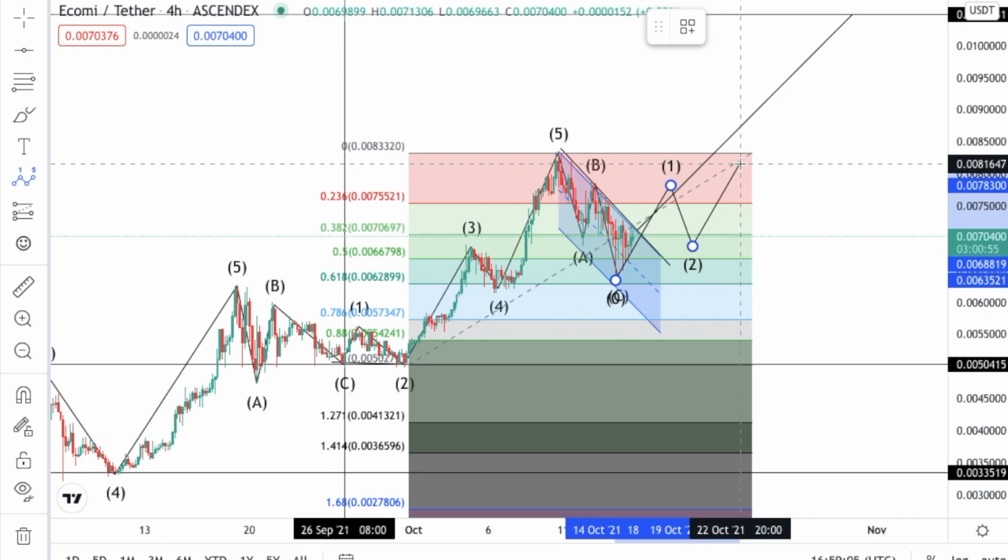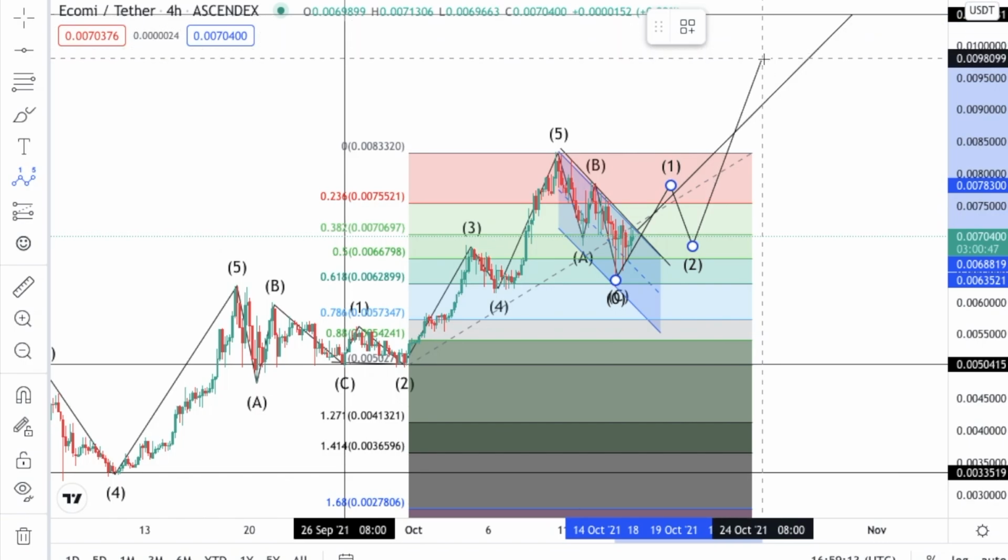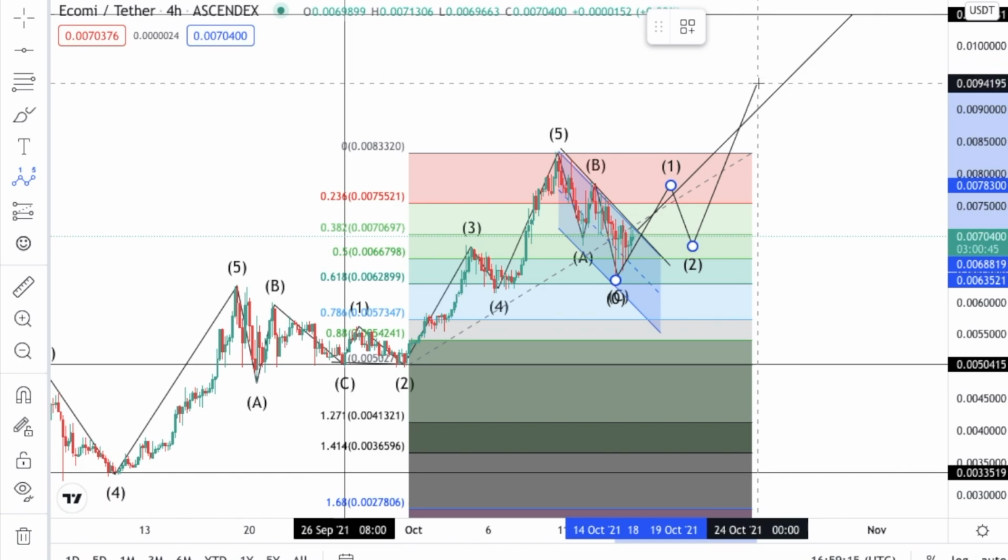Wave number 3 is going to be the big wave. It could do two things, personally. I think it could shoot all the way to the top right away, or it could fall a little bit lower. If it falls a little bit lower, let's just say it falls around here. If this is the big wave of number 3, that's totally fine. As long as the criteria go, we're totally fine. Wave 3 has to not be the smallest wave. Right now, wave 1 is, so we're totally fine.